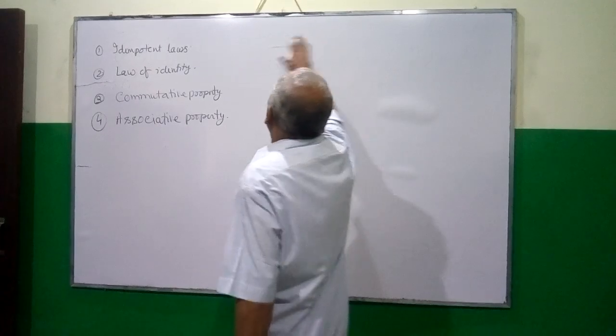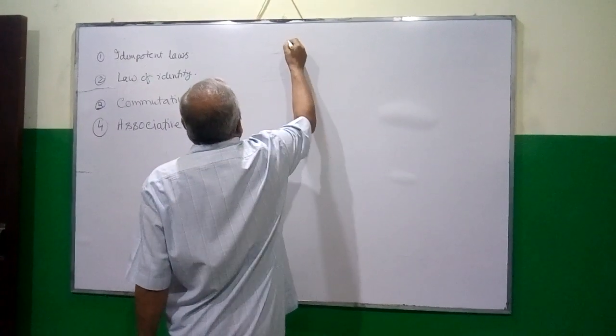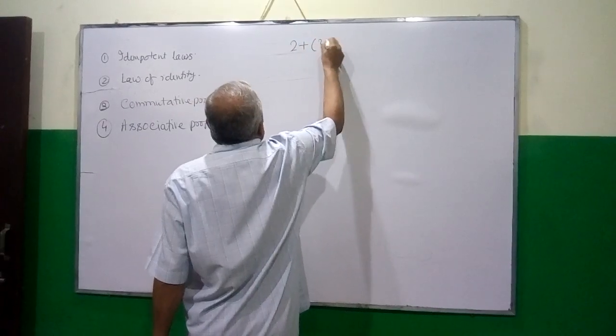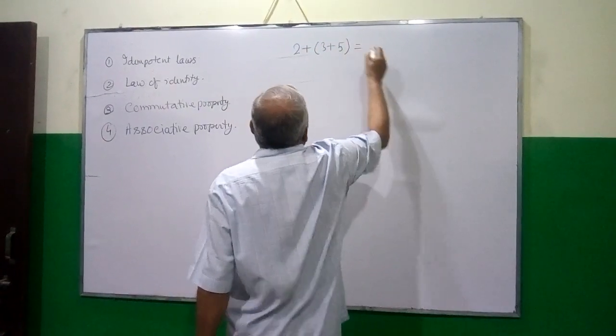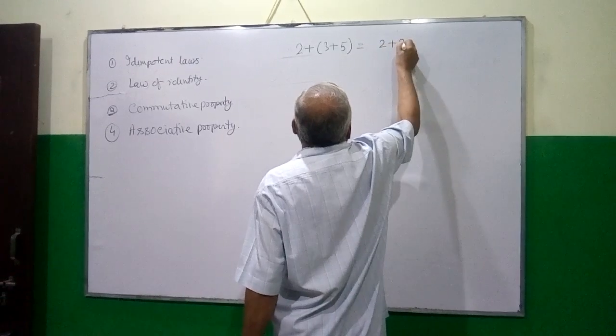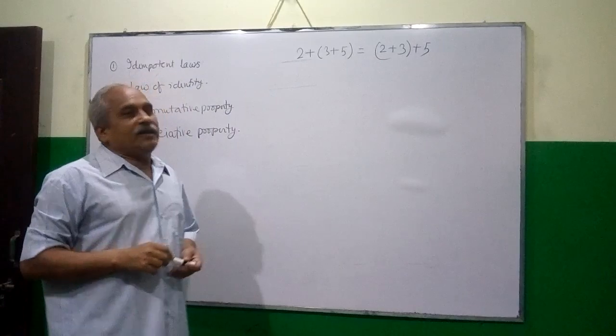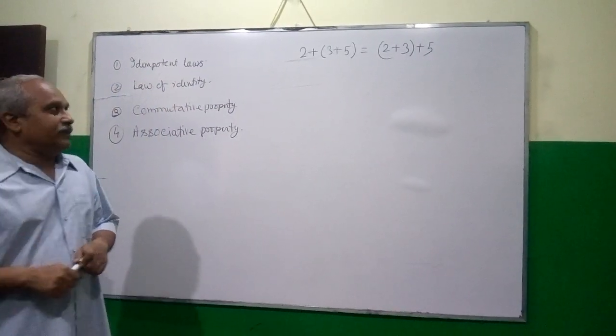Let me recall it for you: 2 plus 3 plus 5 equal to 2 plus 3 plus 5, with the brackets grouped differently. It is the associative property of addition.